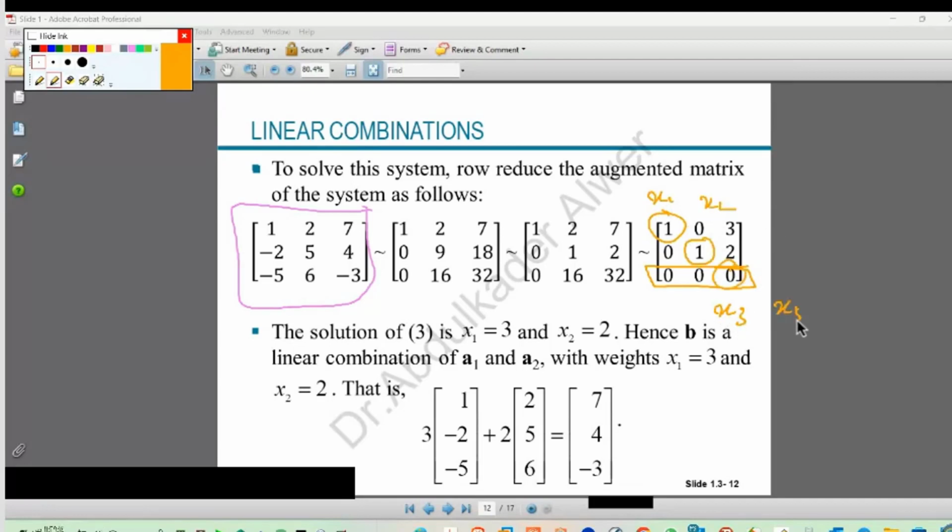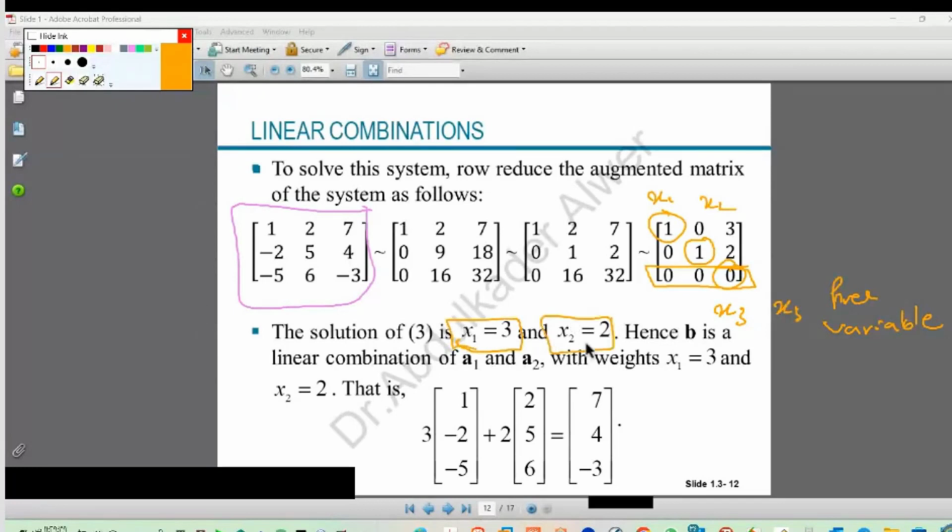So x3 here is a free variable. Now, he will ask me if it's a linear combination or not. You can select any number for x3 and put it in this one to check. x1 here is 3 if you solve.